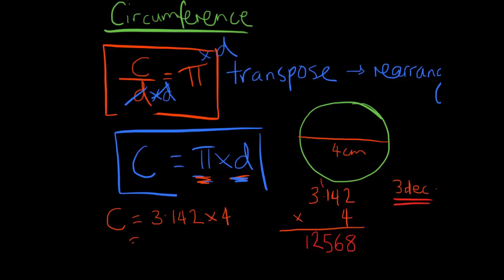Don't forget to put the 3 decimal places back in, so my decimal point goes back there, and the answer is 12.568 centimeters. If we were to round that off, it would round to 12.57 or 12.6 centimeters. And that's basically how we'd work out circumference.